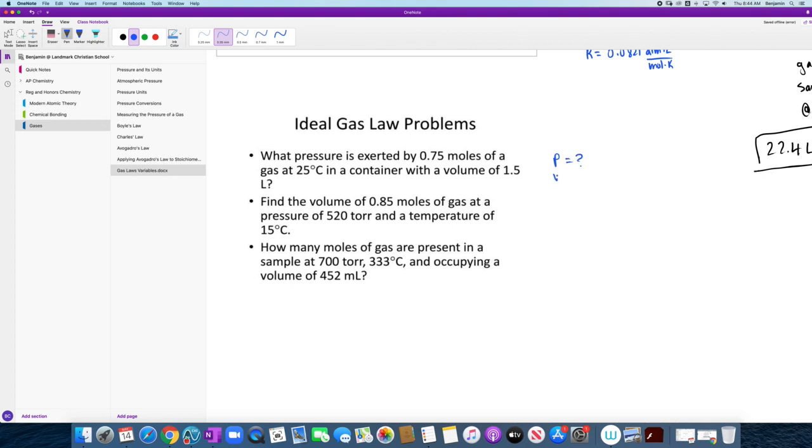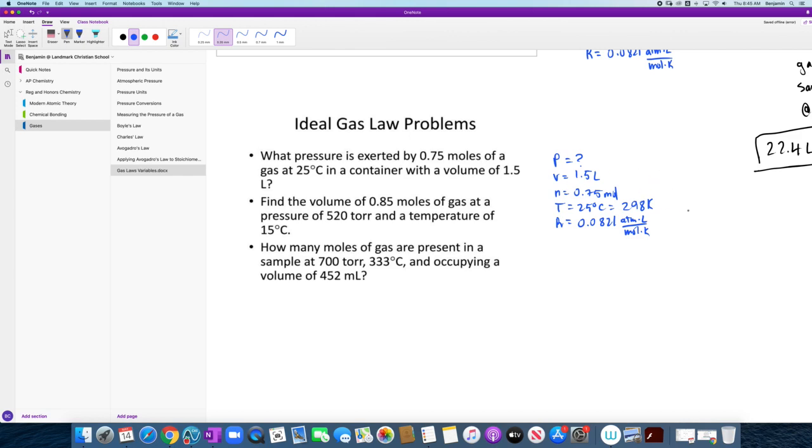The volume is 1.5 liters. n is the number of moles, it's 0.75 moles, and it's at 25 degrees Celsius, which is 298 Kelvin. Again, R is the value of the universal gas constant, 0.0821 atmospheres liters over moles Kelvin.